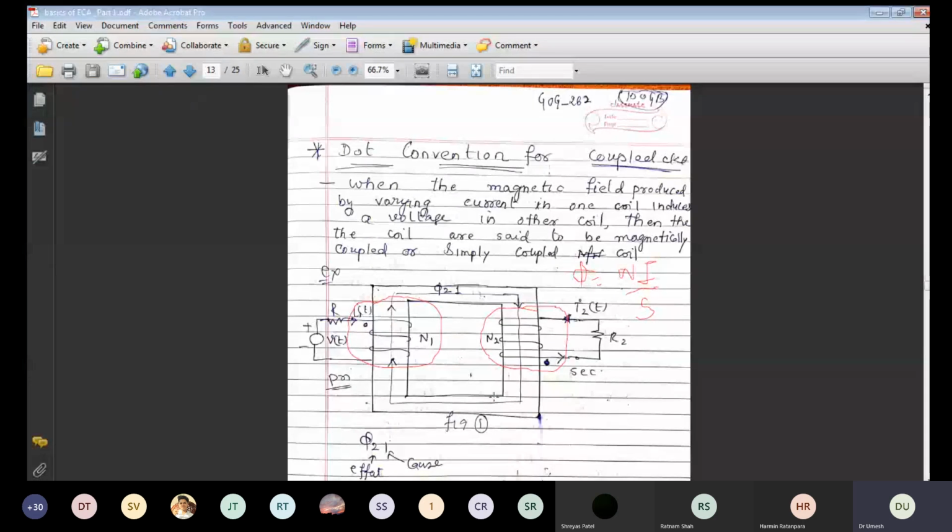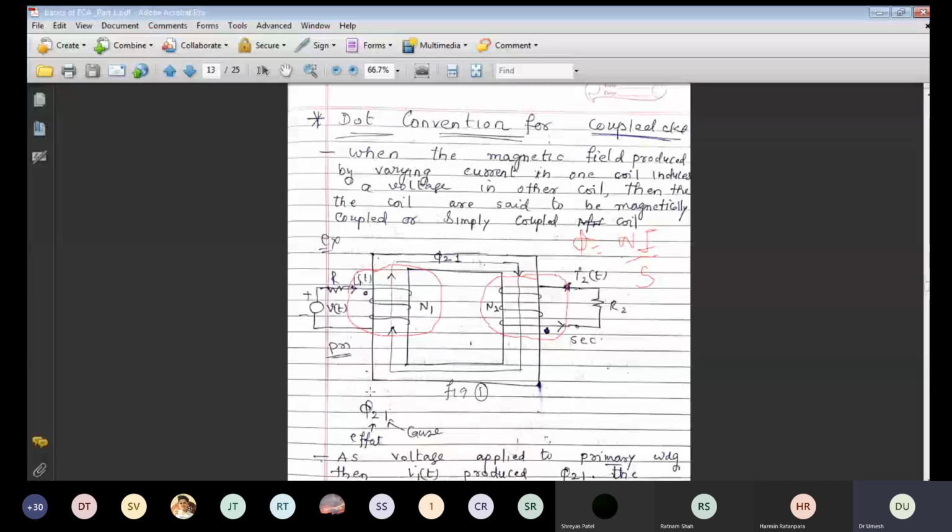I am calling this flux phi 2 1, the flux linking winding 2 because of the current in the first winding.